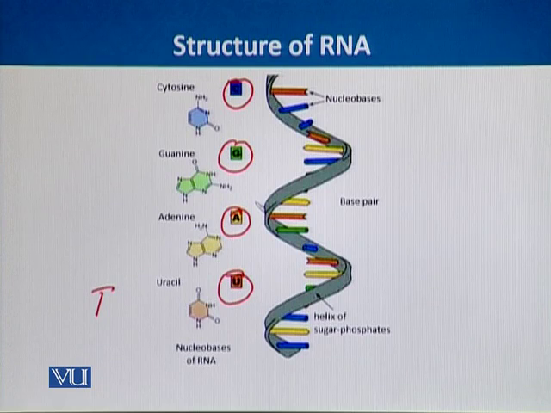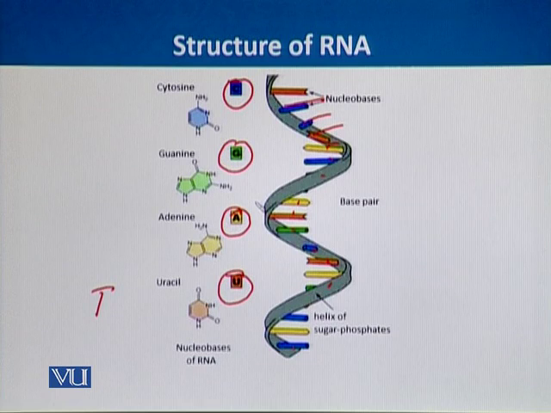So although it has 4 nucleotides, the difference is uracil. These nucleotides are arranged in a polymeric way, but there is no complementary strand in the RNA. So its structure is single-stranded.